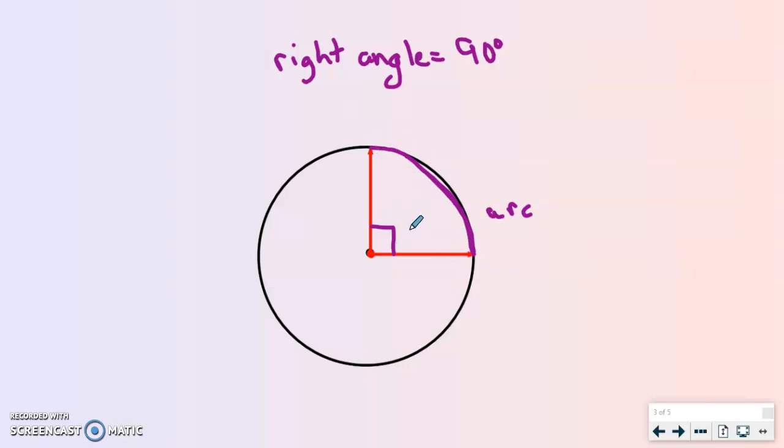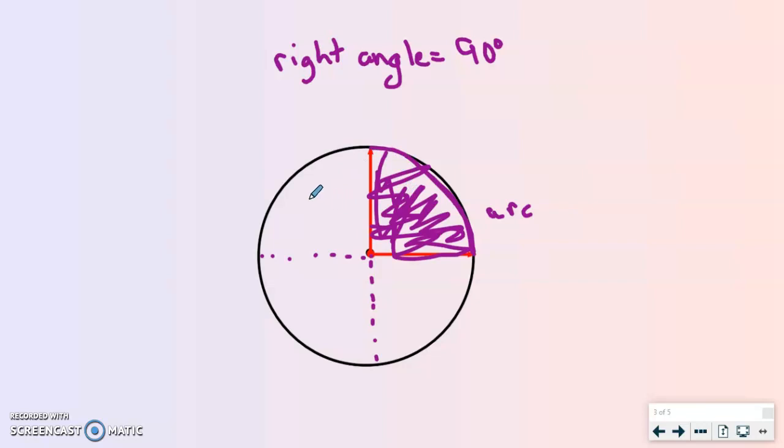Now let's talk a little bit more about these numbers. I'm going to draw some imaginary lines to help us visualize this a little better. I'm going to go down here. Now I see a line going across the circle and a line going down. I'm going to shade in this section a little bit, just to help you visualize it even more.